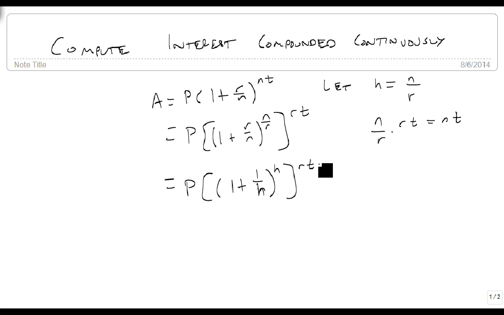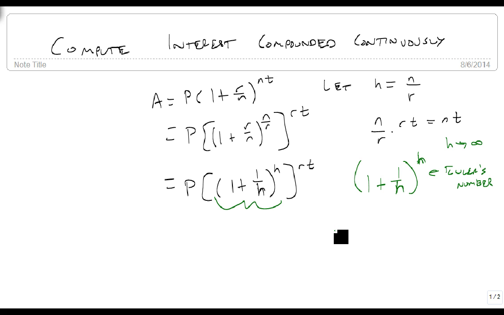And the piece that matters here is this inside piece, this 1 plus 1 over h to the h, becomes a really, really important thing. This is that Euler number that we talked about before. This is how it's defined. As you let h approach infinity, this gets closer and closer to Euler's number. So we're going to replace it.